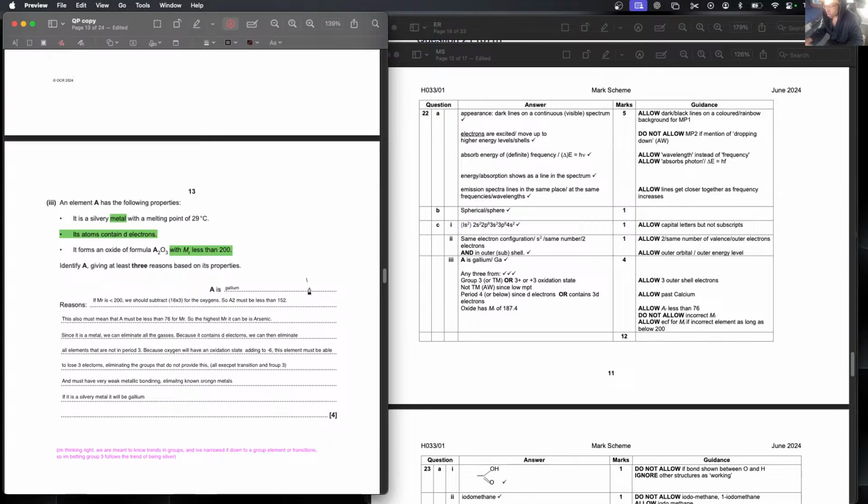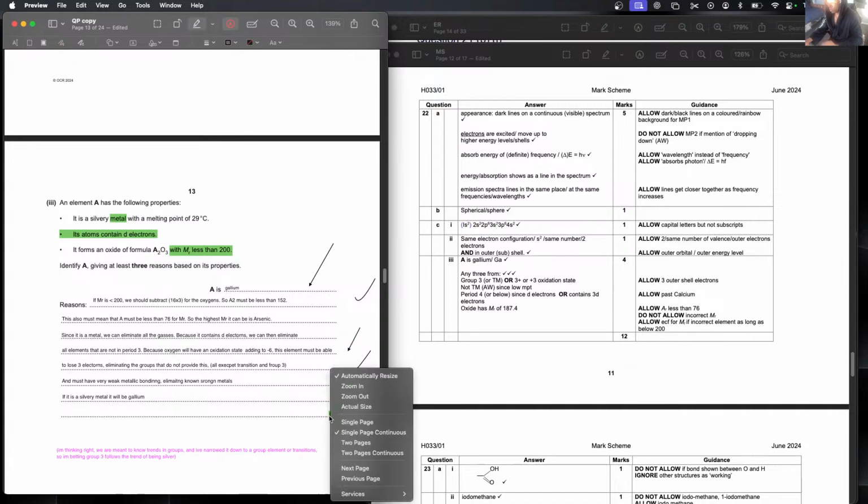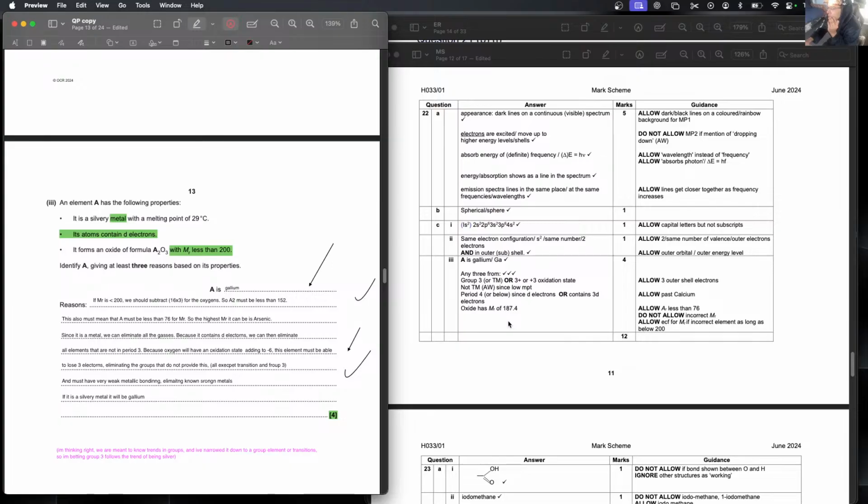Okay, so I got a mark for gallium. Yeah, that was actually pretty solid, you know.